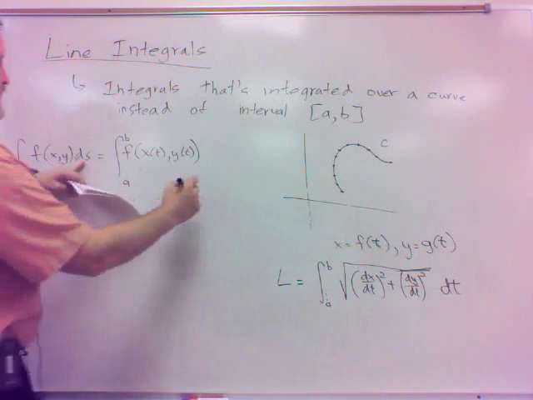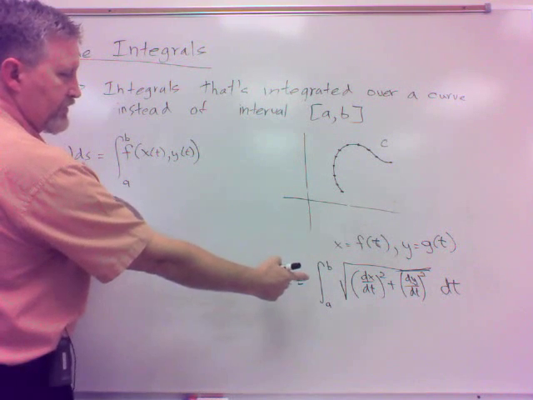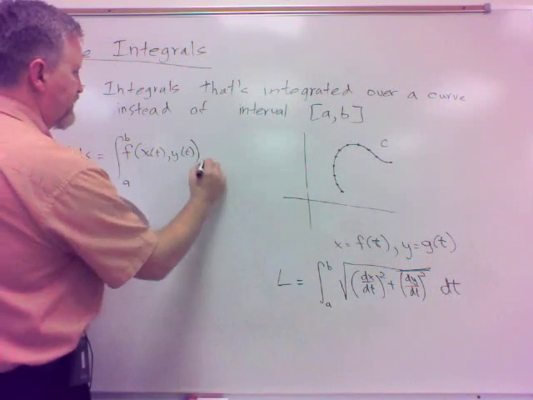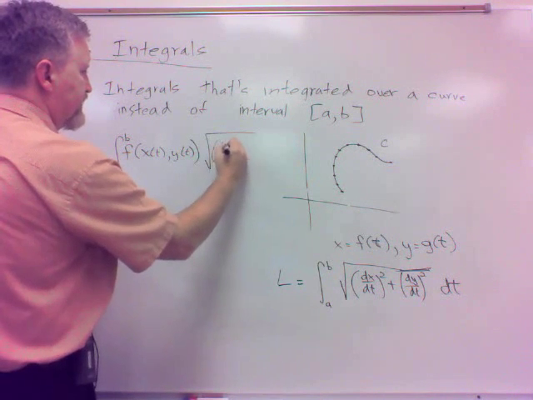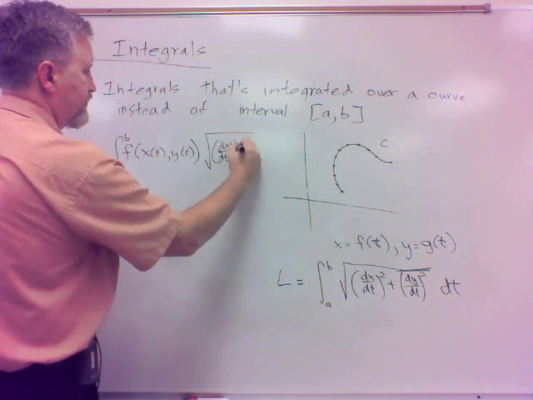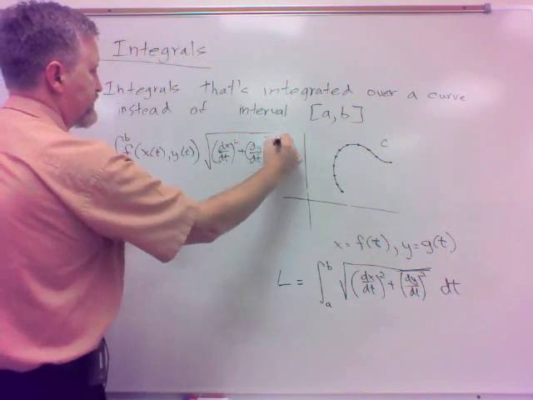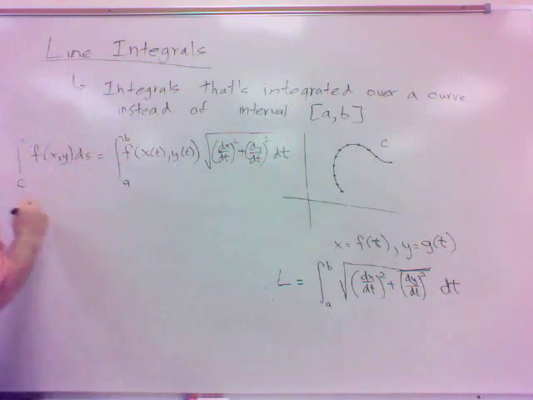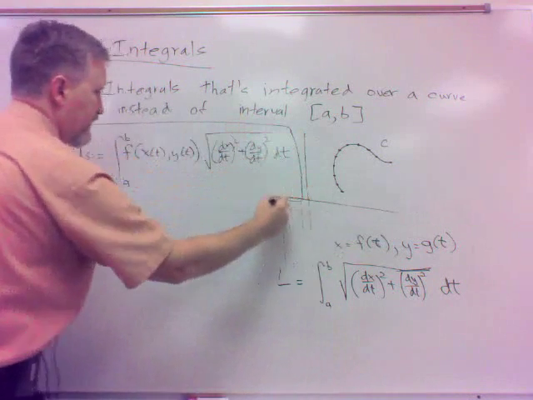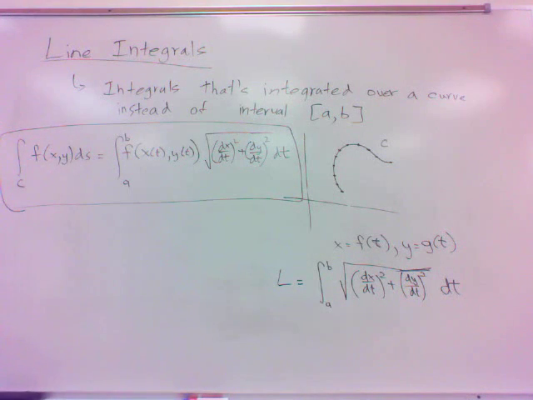All right, and then we're going to use basically our arc length notation here: the square root of (dx/dt) squared plus (dy/dt) squared, dt. So this is how we evaluate the integral of a function over a particular curve.